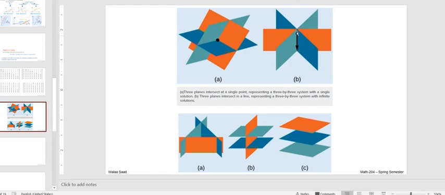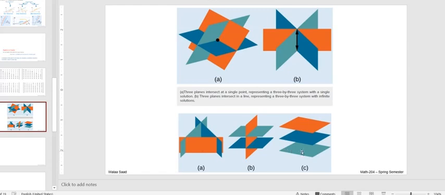If they have a line in common, this is the infinite solution because it carries an infinite number of points. The straight line carries an infinite number of points, and hence this is the infinite solution geometrically.